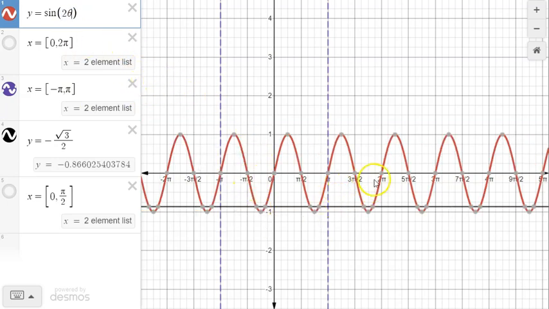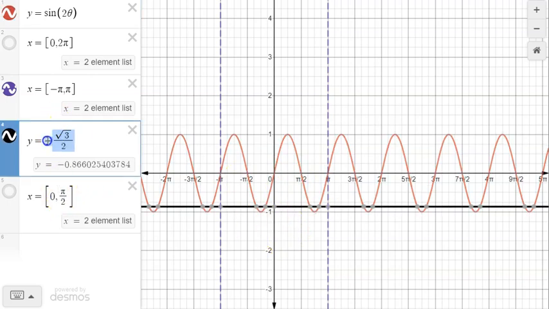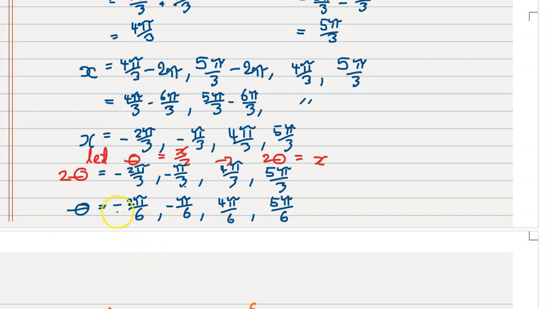Notice that we've compressed the waveform of our function, but we're still looking at negative root 3 over 2. So going back, we've got negative 2 pi on 3. That simplifies down to negative pi over 3, and the second one is negative pi over 6.